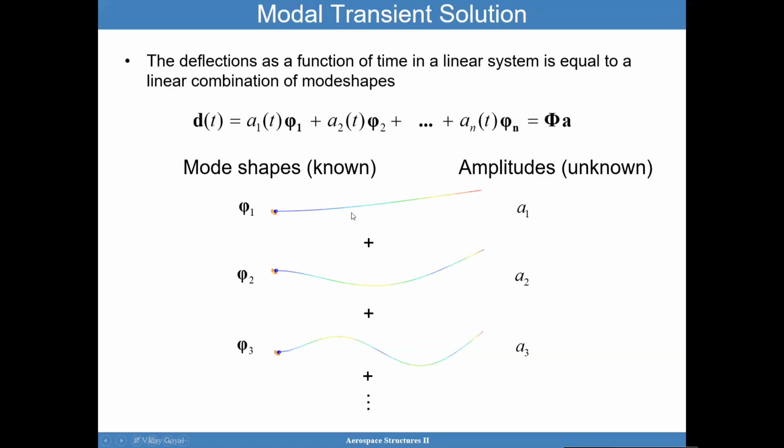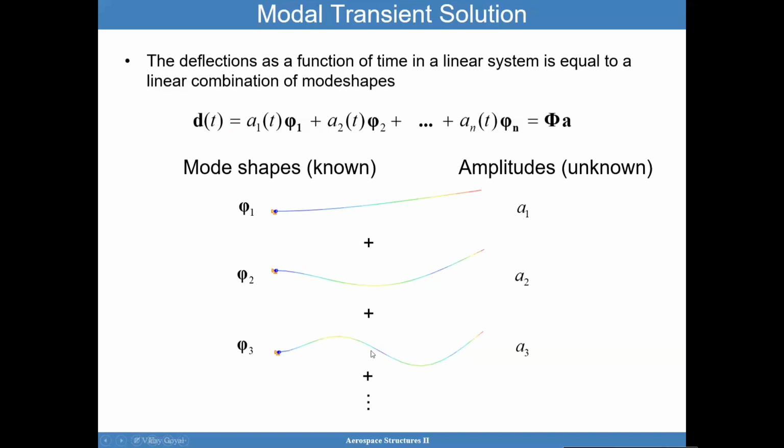But notice how if I say the deflection is a linear combination of all these mode shapes, perhaps there's a little bit of this, a little bit of that. Maybe it's mostly A1, this particular first mode shape. So maybe the deflection of this beam really depends on the very first mode shape, not a lot from the second or third, or it's really a combination of all of them, a little bit of every one of them.